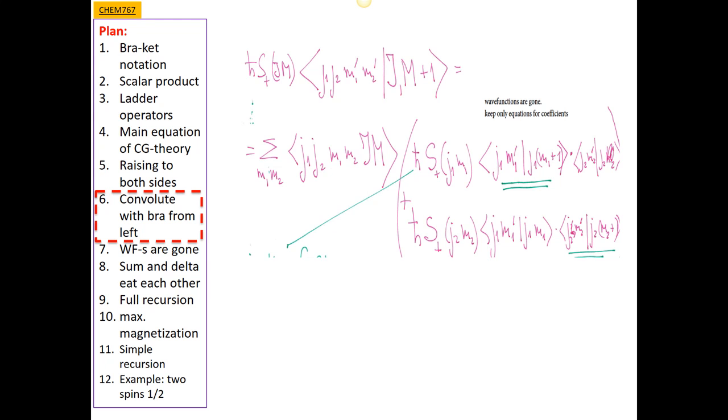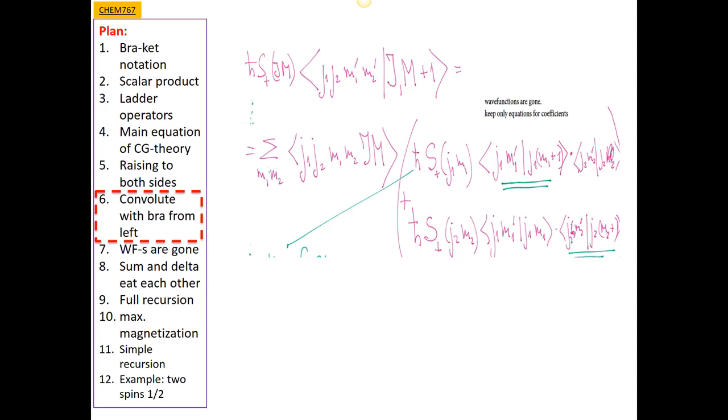So for the first one, index M1 should be equal to index M1 prime should be equal to M1 plus 1, correct? So the magnetic projection in system 1 should be equal, and it uses different indices in the original and secondary location.